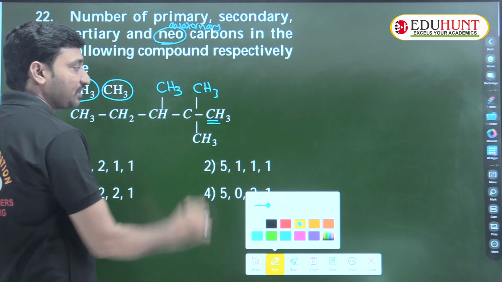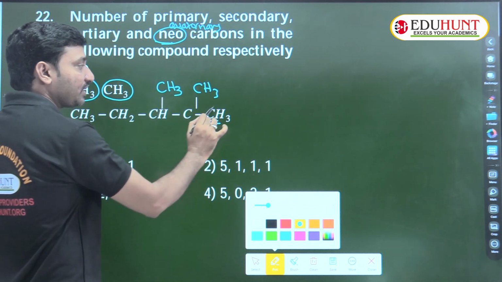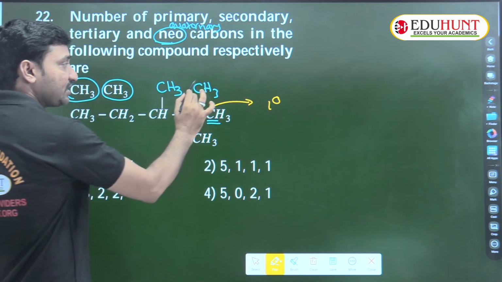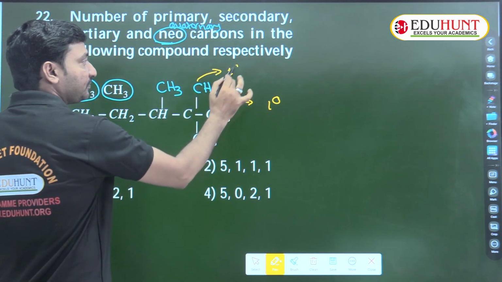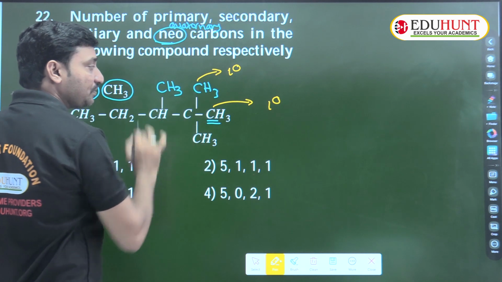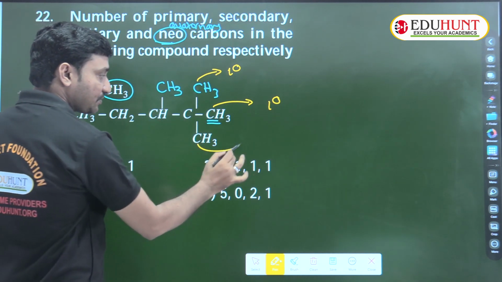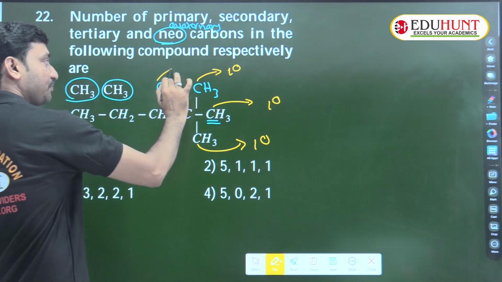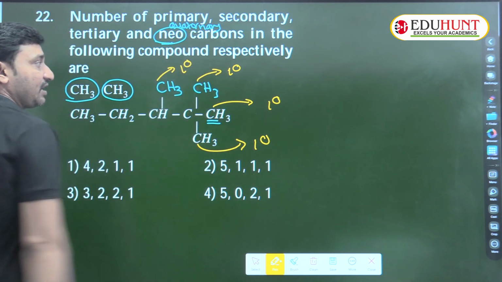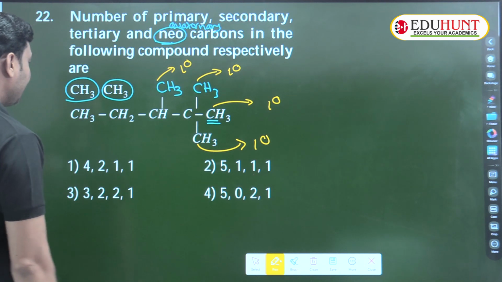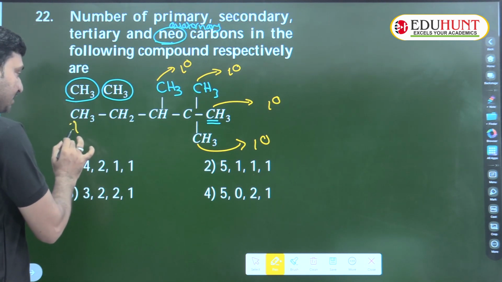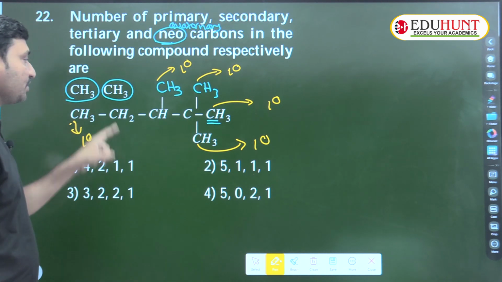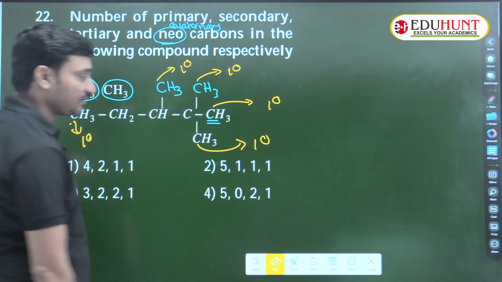Because this carbon is only bonded to one carbon atom, so it's a primary carbon. This is also primary, this one also primary, this is also primary, bonded to one carbon atom.